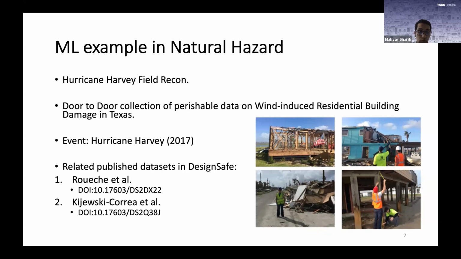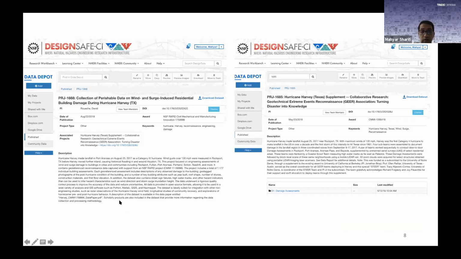It collected door-to-door wind-induced residential building damage in Texas after Hurricane Harvey. The data set is an assessment of building performances. As you can see, here are the landing pages of the published projects. There are two projects, one published by David, and another which is a supplement data set to the previous project.